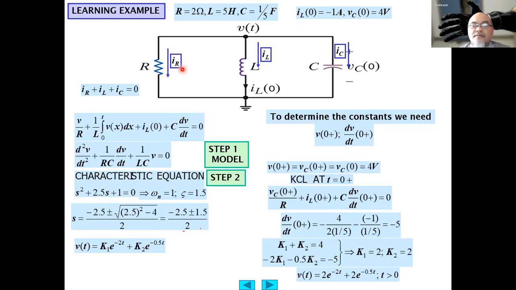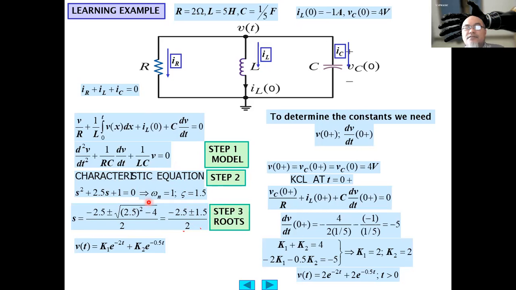So these are the steps in solving this equation. First is deriving the model from electric circuit laws: Ohm's law, KVL, KCL, capacitance law, inductance law. Step 2 is using mathematics on the characteristic equation to find omega n and zeta.